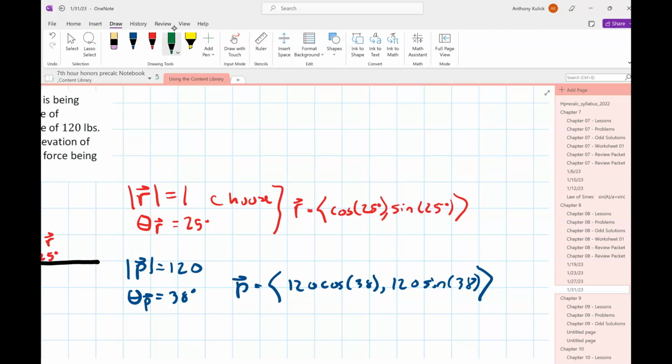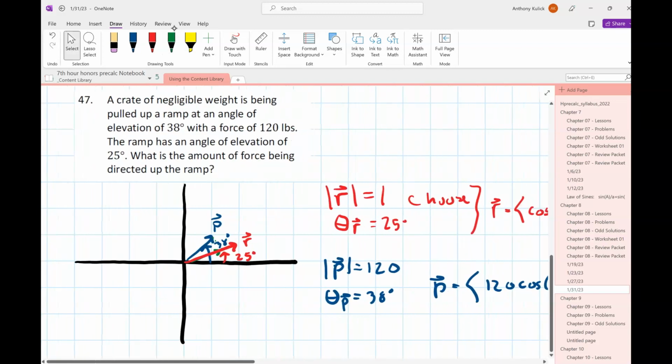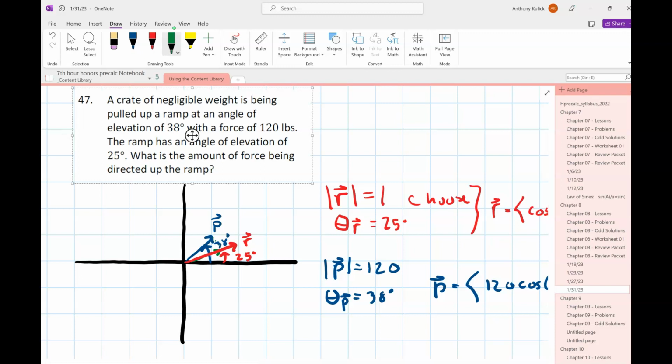Why can you just choose 1 for the ramp, even if they give you an angle of elevation? Why can't you just choose 1? Is it based on the length? That's much about the elevation. Well, here's the thing. It just wants us to know what amount of force is being directed up the ramp. So all I really need to do that is the direction of the ramp, right?